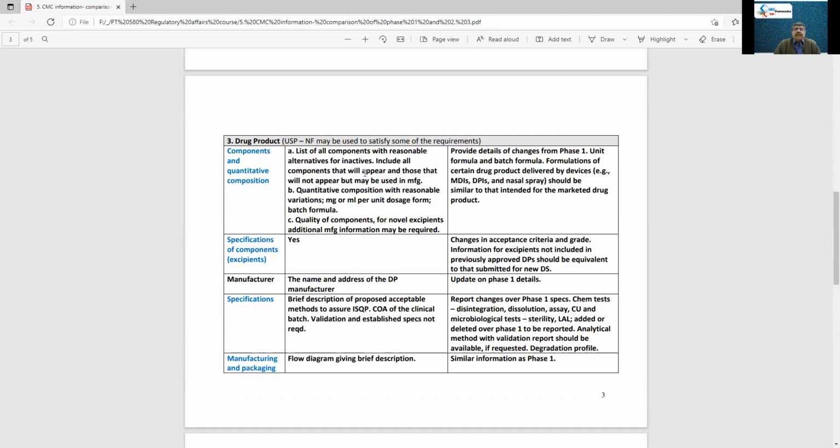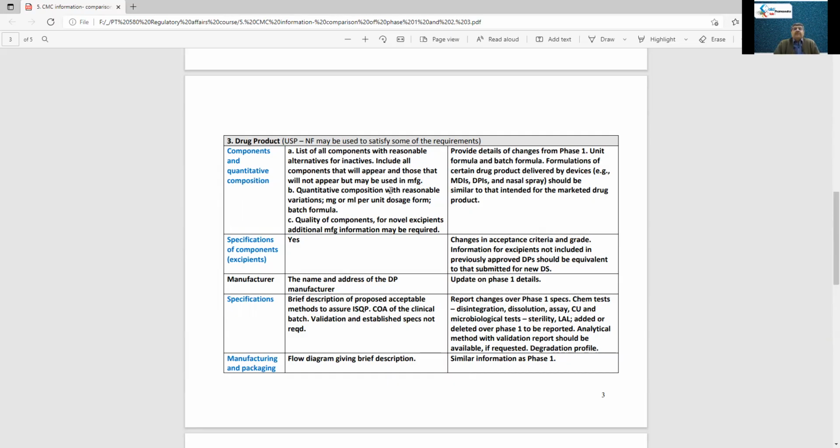So this means that the product will not be present in the final product, but it has been used during the manufacturing. So purified water needs to be mentioned in the list of components, and you can mention in front of this that used for the purpose of wet granulation, not present in the final product.